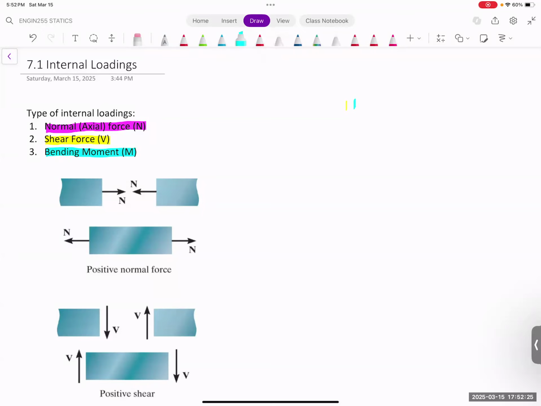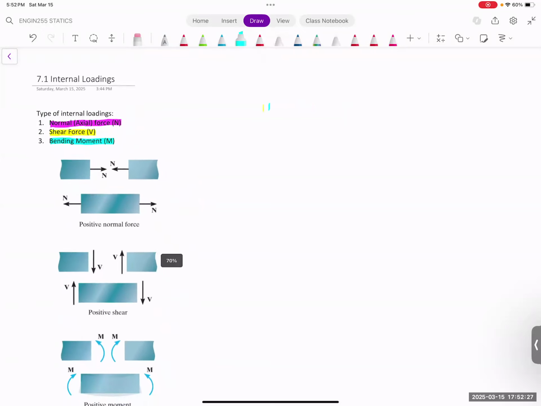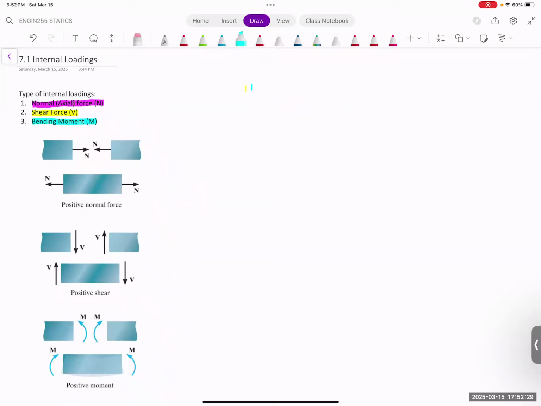With the following picture, you can see the difference between the three kinds of internal loading. The first one here is what we call the axial force or normal force, and the direction shows what is the positive direction.